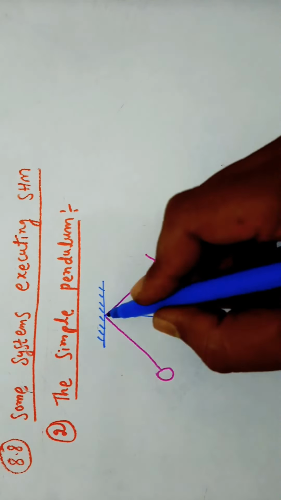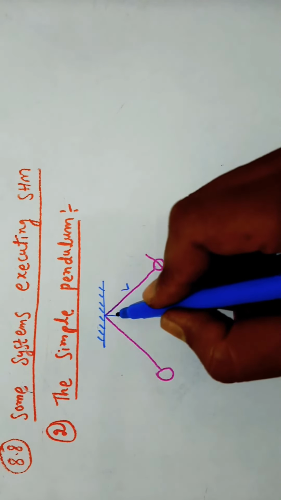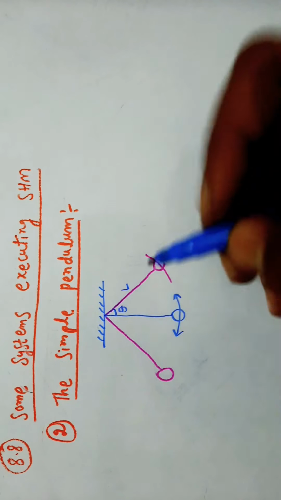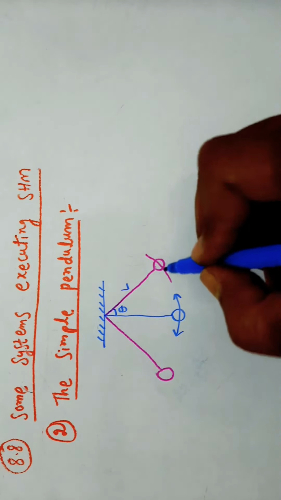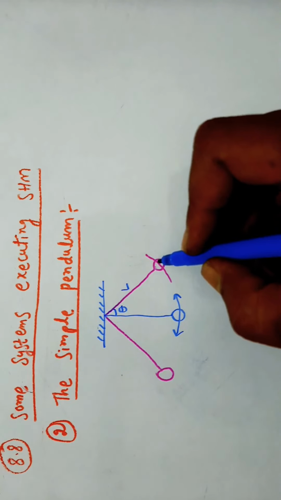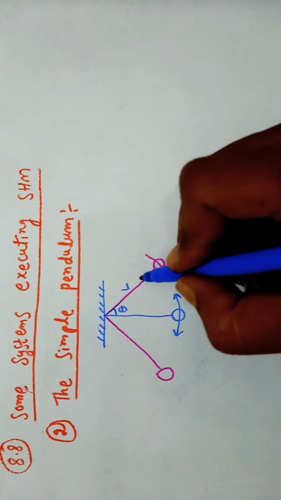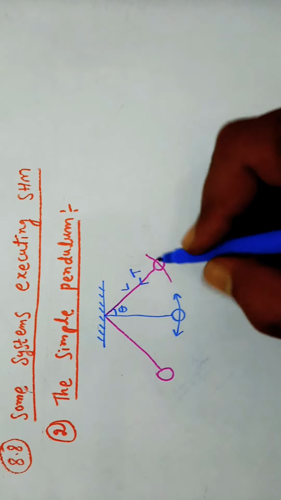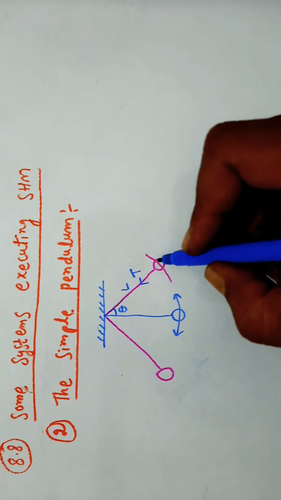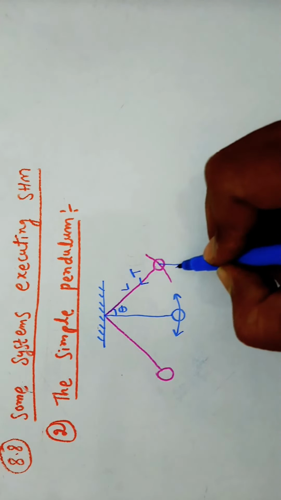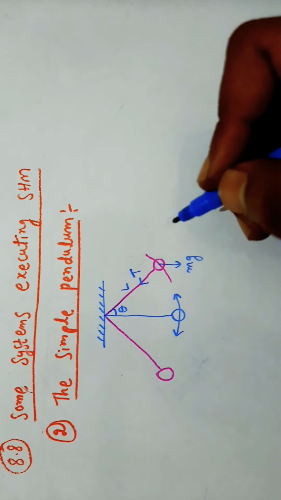Here the length of the string is L and the angular displacement is theta. Here two forces are acting on the bob. One is the tension force, that is T, and another one is the gravitational force, that is mg, due to gravity, towards the downward direction.